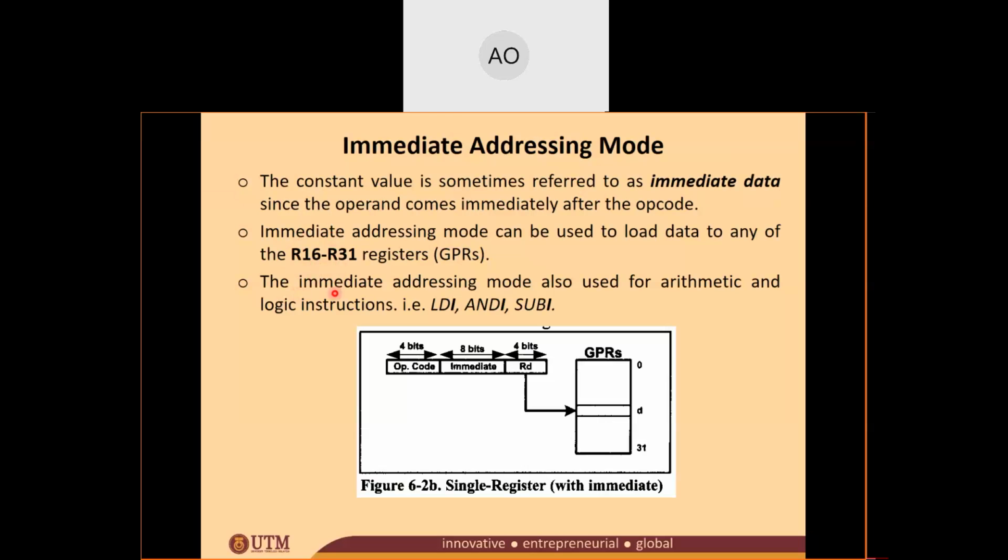The immediate addressing mode is also used for arithmetic and logic instructions such as LDI. Every time you see an instruction that ends with I at the back, you know that it belongs to immediate addressing mode.